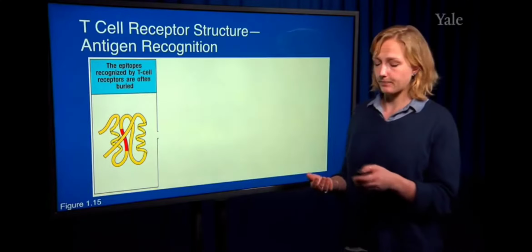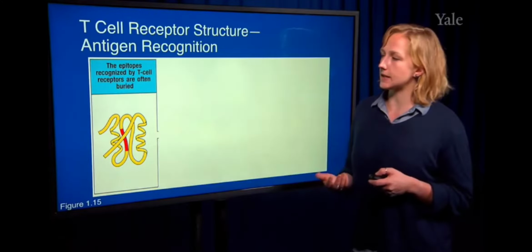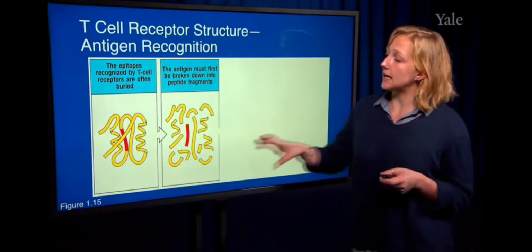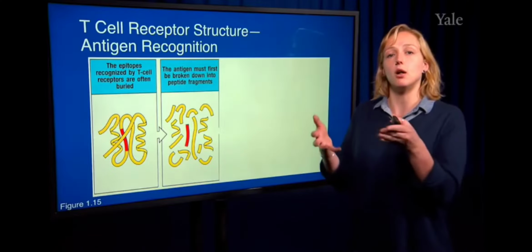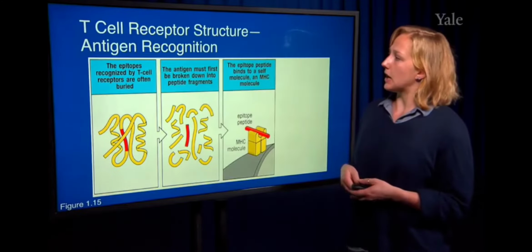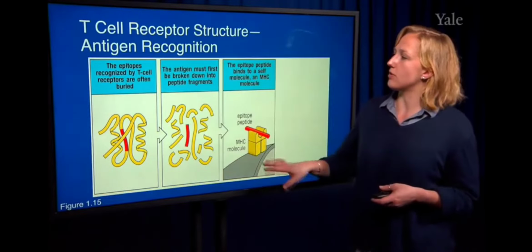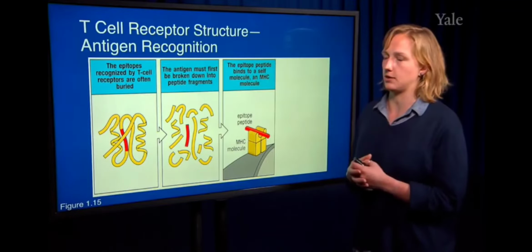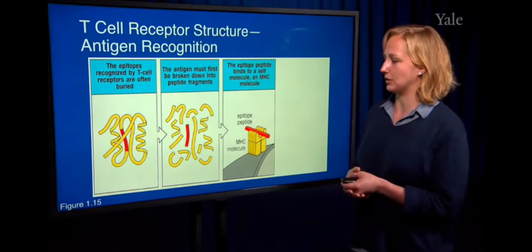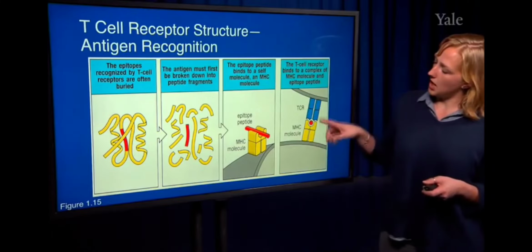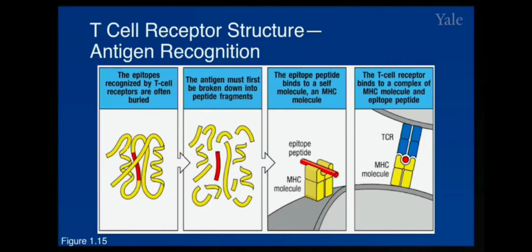So what happens is T-cells will actually recognize antigens that are broken down or broken apart. So the antigens must be broken down into small peptide fragments before their cognate T-cells can recognize them. These epitopes that are broken down will then bind to a self molecule called an Mhc molecule, also called a major histocompatibility complex molecule, that'll hold on to the epitope, and then your Mhc molecule, which is on a subset of cells called antigen-presenting cells, so these are cells that present antigen.